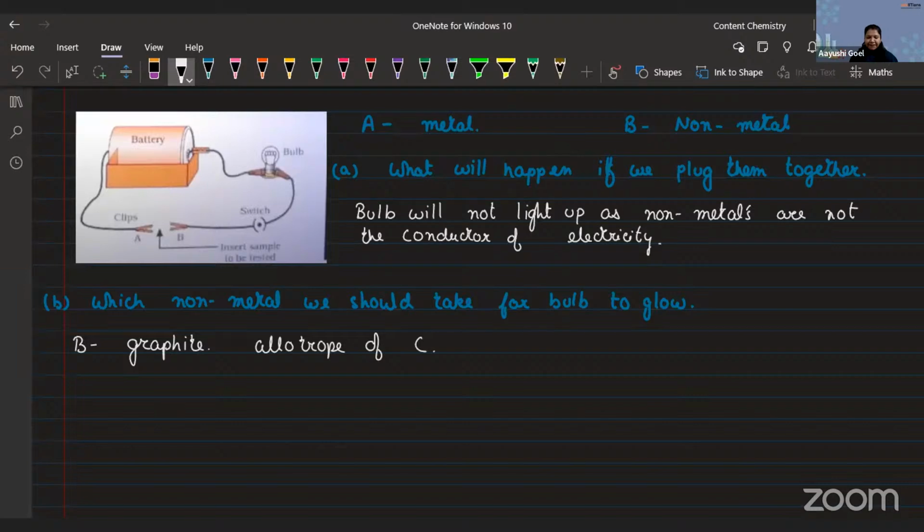Is it clear? Good. Now let's see the C part. What will happen if we change A with, let's say, a jute cloth?